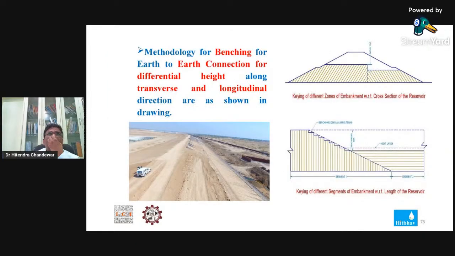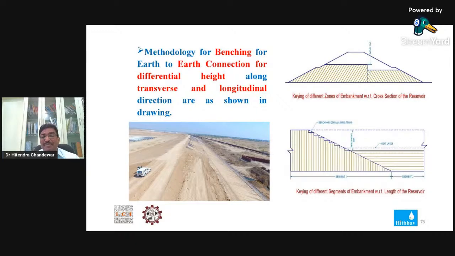Then there are some protocols adopted for the keying of different layers, because at a time, every time it is not possible to have an embankment for the whole section. So the contractor has to take segments of 500 meters or 200 meters, but then there is a keying issue.